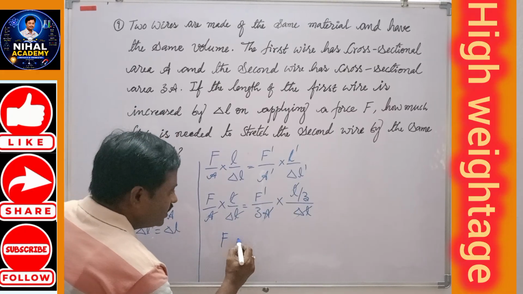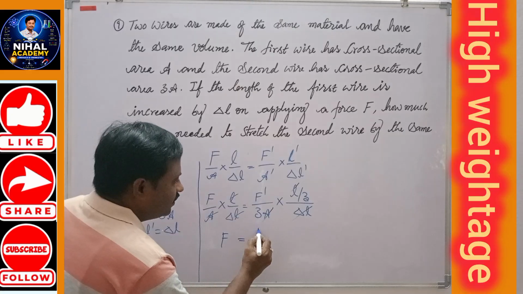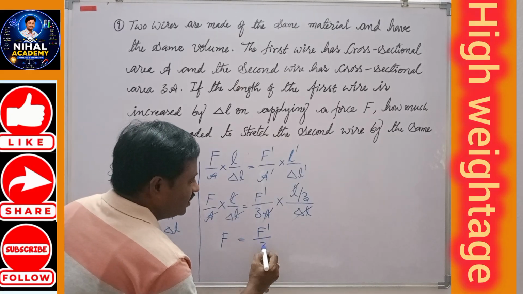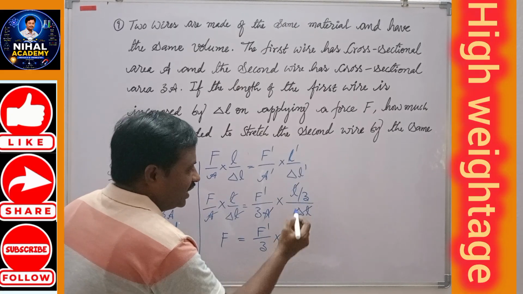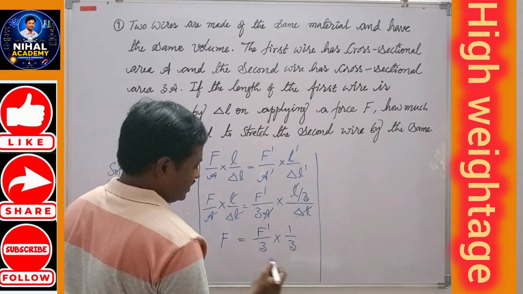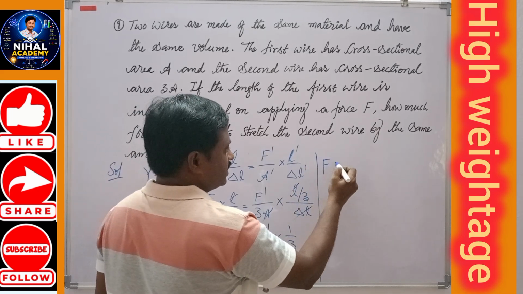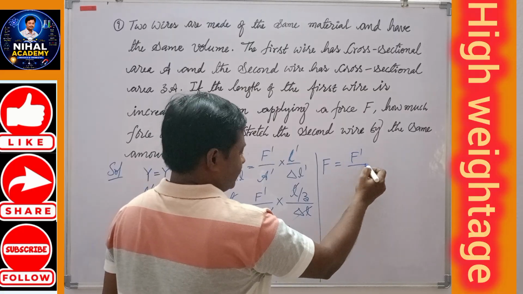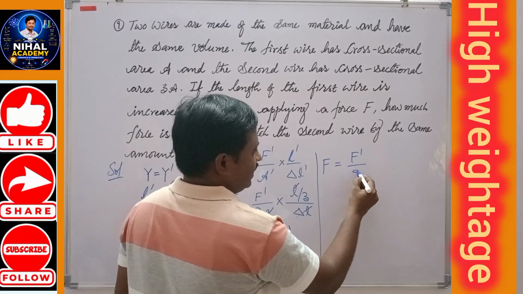Then F is equal to F dash by 3 into 1 by 3, so F is equal to F dash by 3 into 3, that is 9.